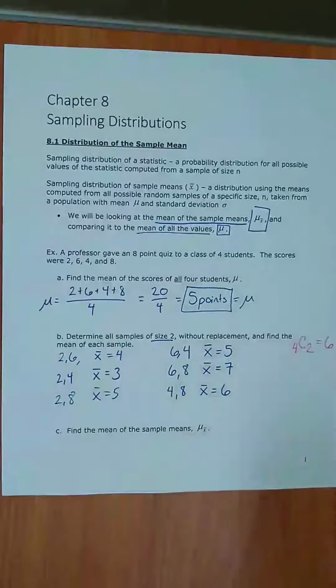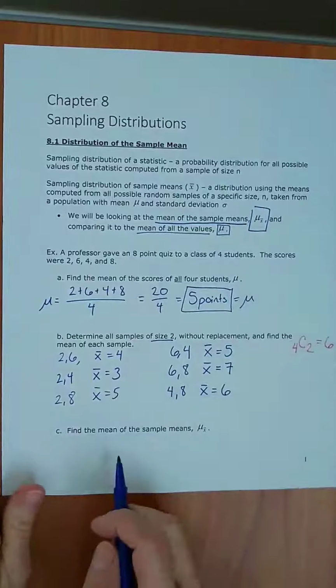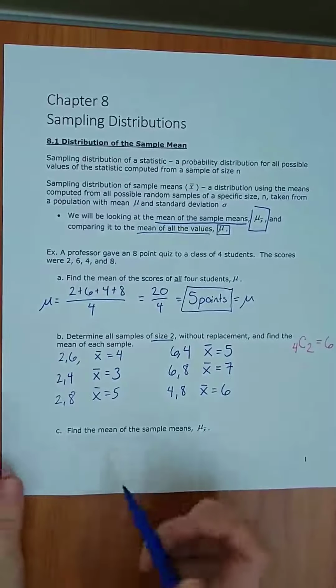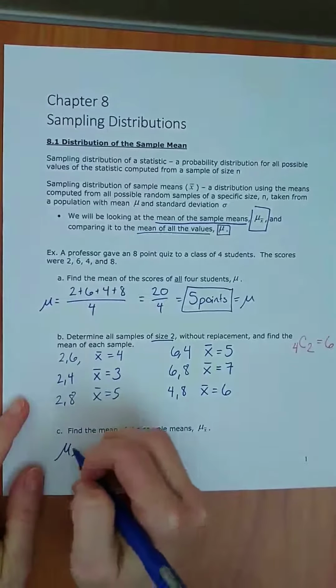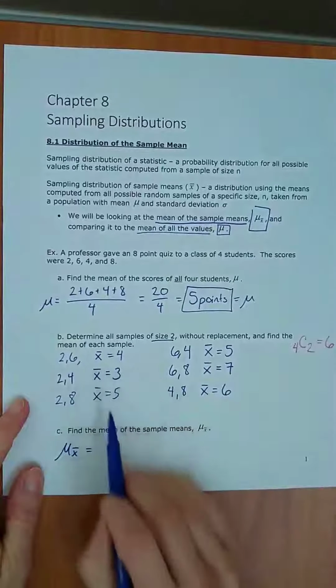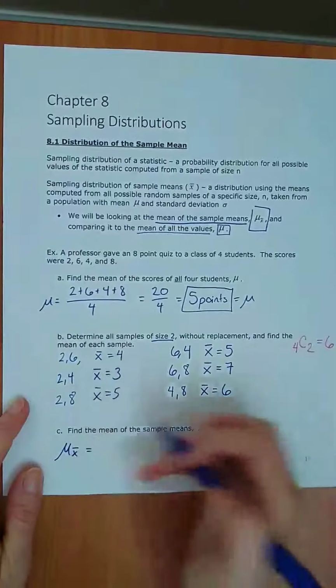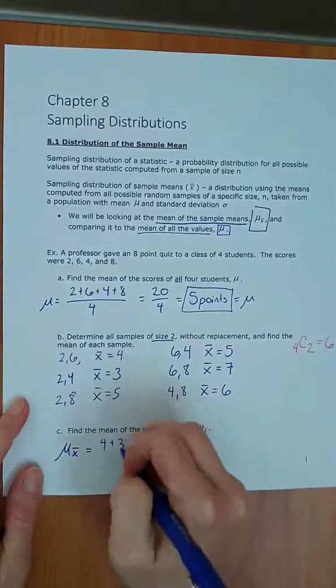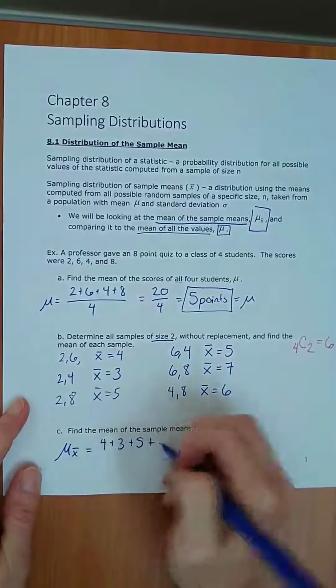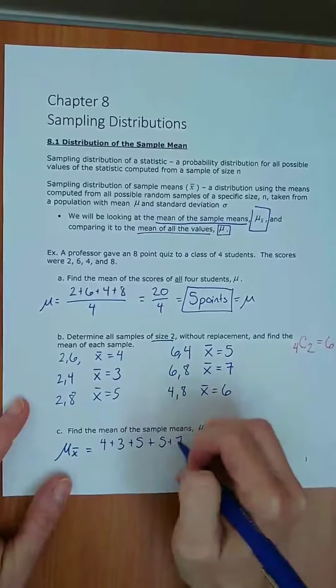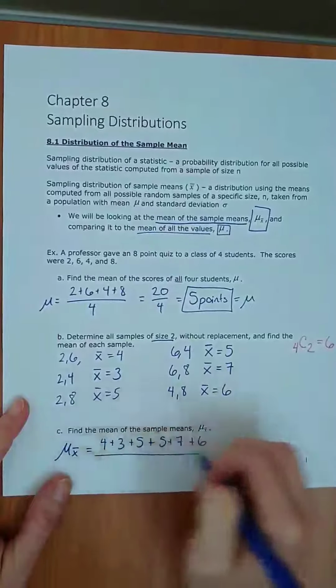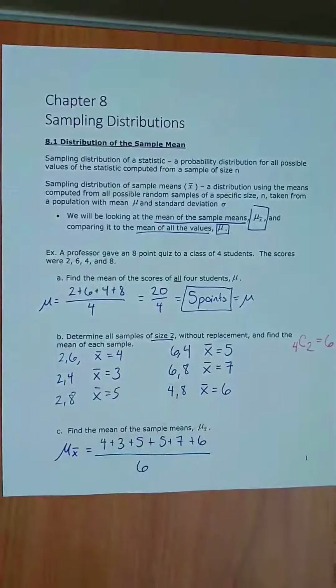Okay? So find the mean of the sample means, mu sub x bar. So mu sub x bar is going to be the average of the x bars. So we take all these guys, 4 plus 3 plus 5 plus 5 plus 7 plus 6, and we divide by 6 because there are 6 of them.